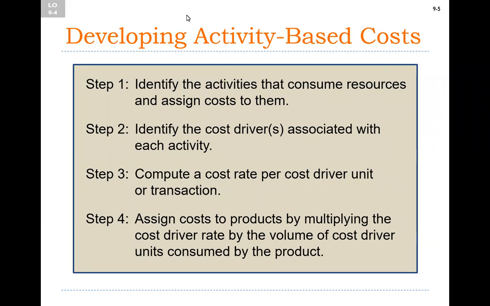So we'll have an estimated cost for each activity and we'll divide it by the estimated cost driver for that particular activity. And then in step 4, we're going to use those rates to assign costs to our products because every one of our products will have some actual activity as it relates to the cost drivers. Once we see this with numbers, it will make a little more sense, I promise.